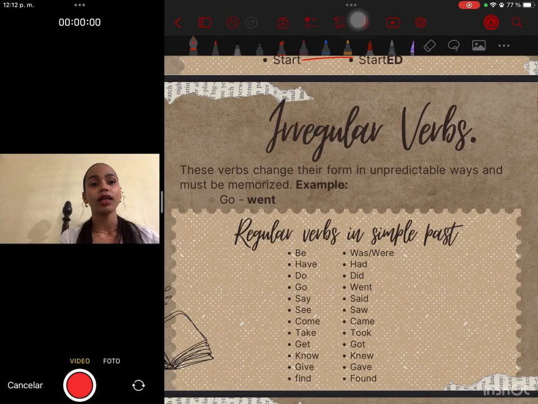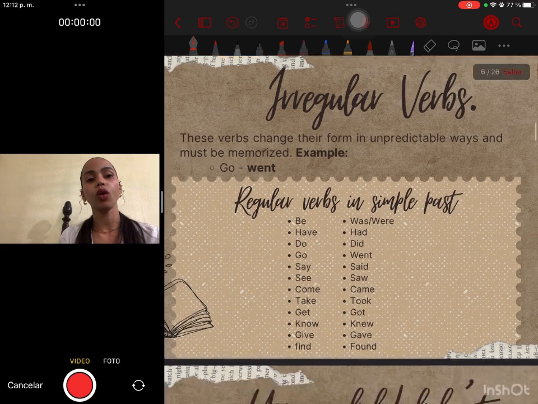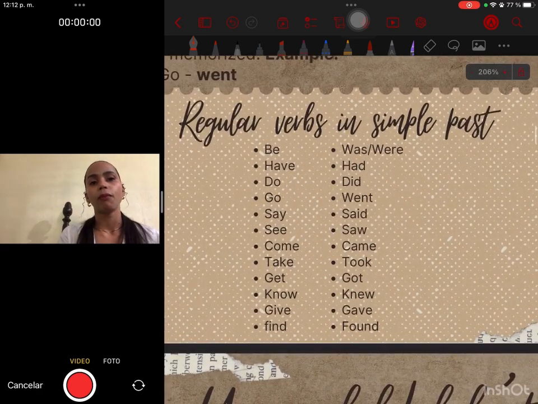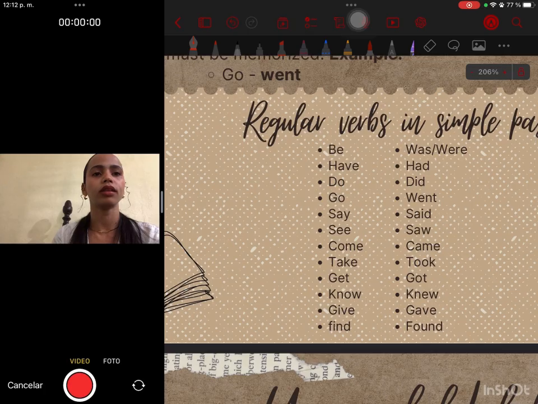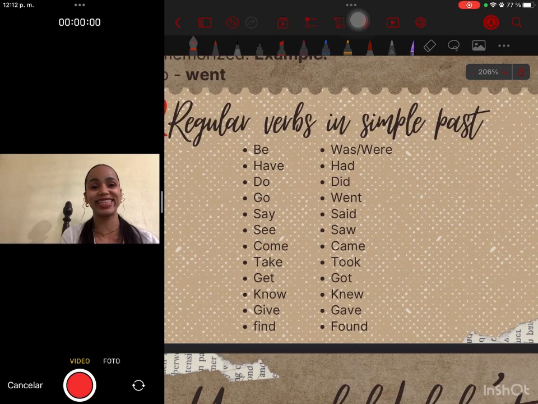Irregular verbs. These verbs change their form in unpredictable ways and must be memorized. Example: go, went. More examples of irregular verbs.